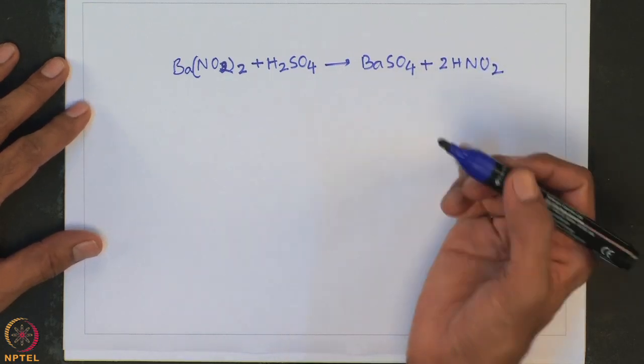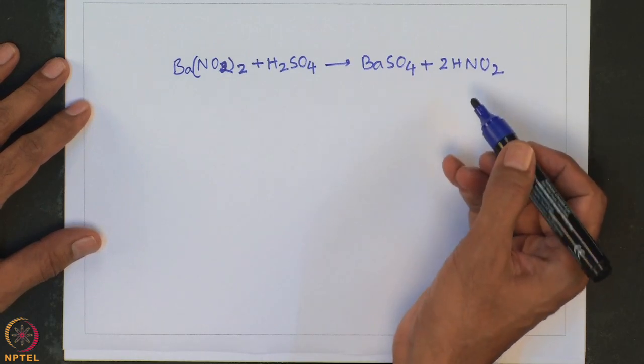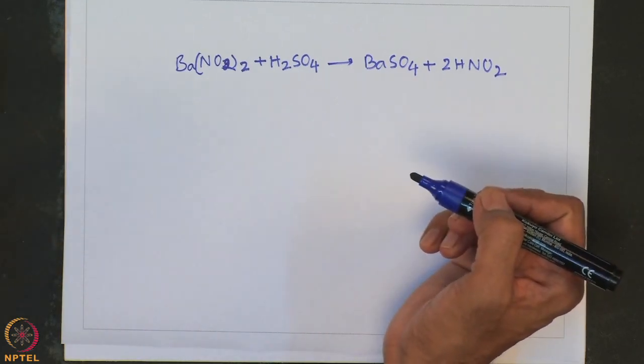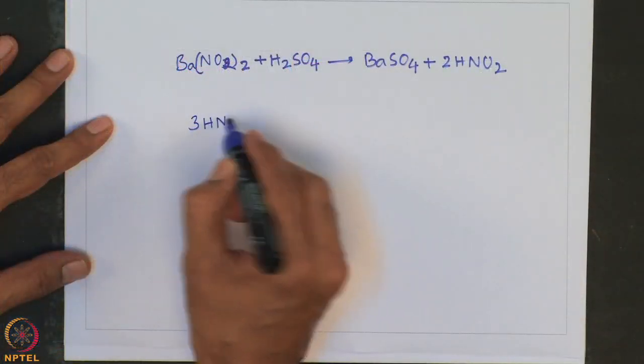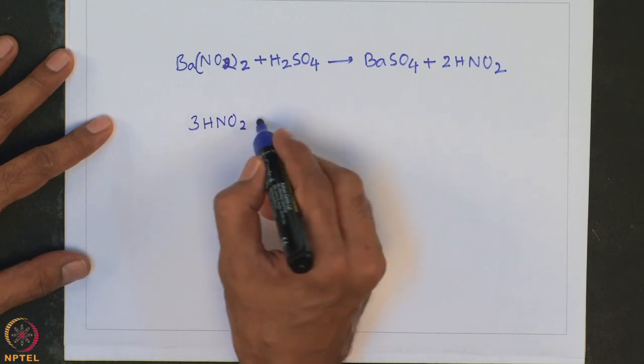Okay. So, whenever we need, it has to be generated in situ and should be used, and it is a weak acid, pKa value is 3.37, but is unstable with respect to disproportionation in solution. Let me write the disproportionation reaction that destabilizes HNO2.